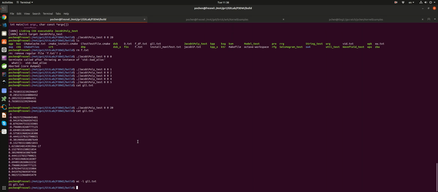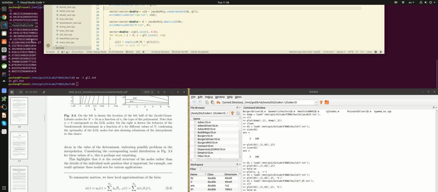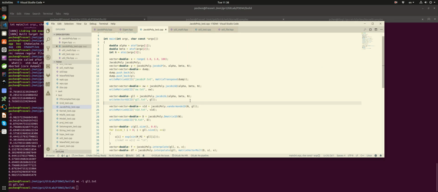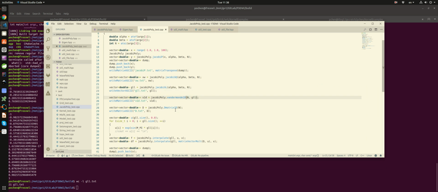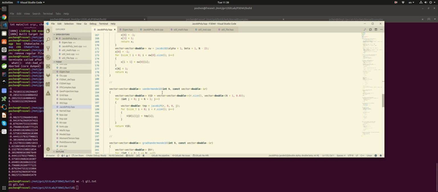And then how do you compute the Vandermonde matrix V, in order to do the conversion from nodal representation to modal representation? There's another function for doing that, called Vandermonde 1D. Once you have the Jacobi polynomial function, it's not too hard to compute the Vandermonde matrix.